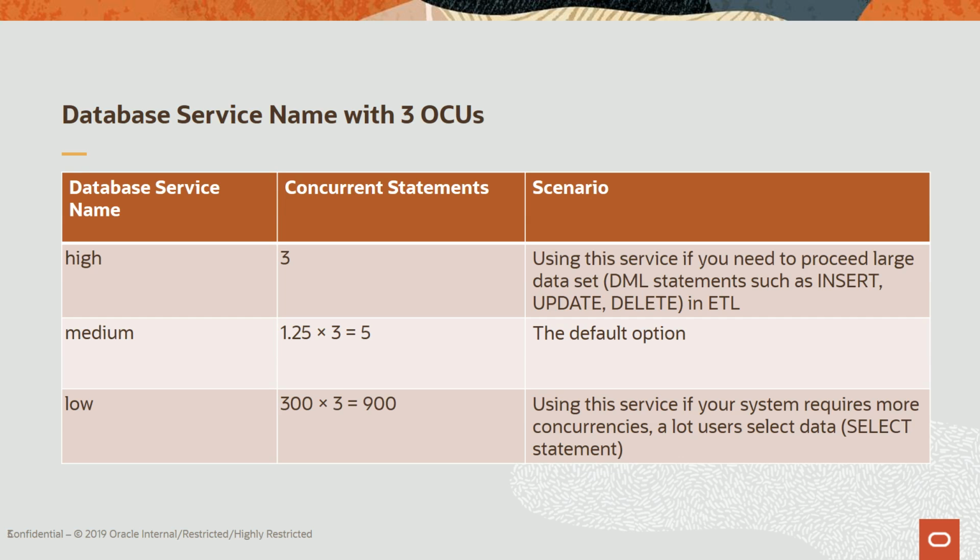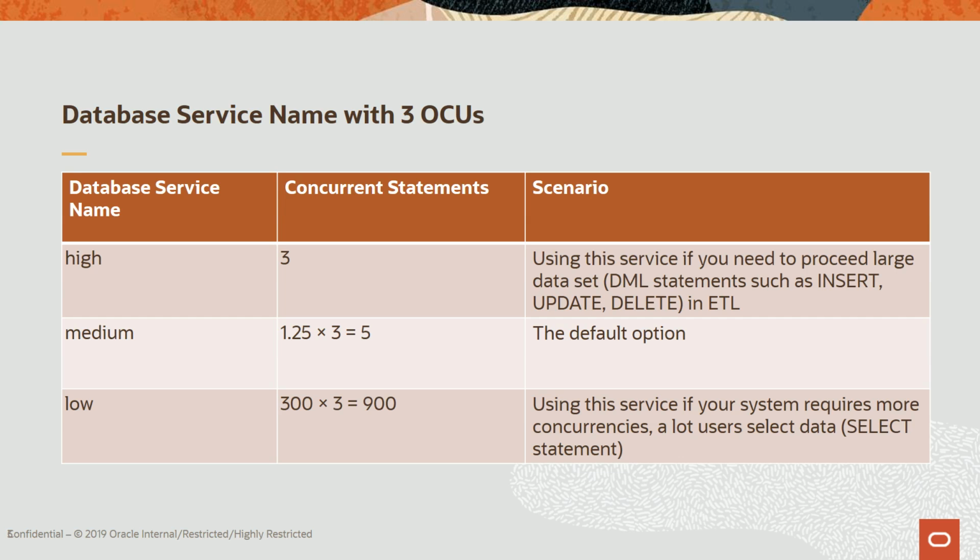And the medium may be just the default option. At the beginning of a project or any service, you can start with medium, and then you need to monitor the system and understand the situation. If you need the highest performance or the highest concurrency, then you switch the service name to the high service name or low service name.